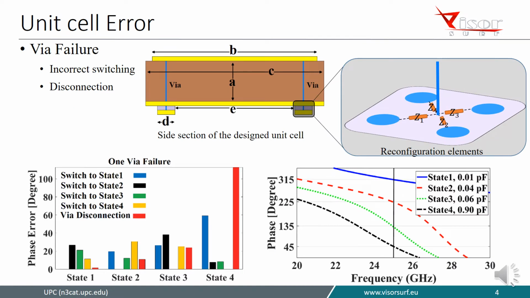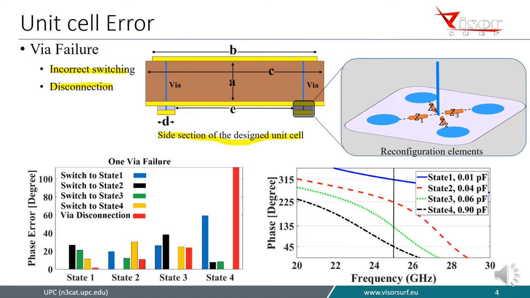Let's focus on via failure, which can happen for two main reasons: incorrect switching and disconnection. Here you can see a side view of a unit cell design that is performing at 25 GHz.